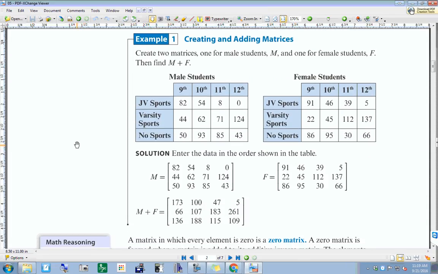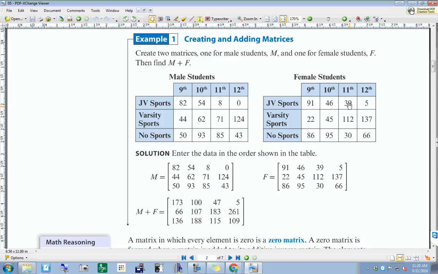So, if I want to create the matrix, all it is is pulling the numbers right out of the table. So if I've got a table here of information, 82, 54, 8, and 0, you'll notice that this matrix down here has 82, 54, 8, and 0. Whatever is in line 2, line 2. Row 3, row 3.